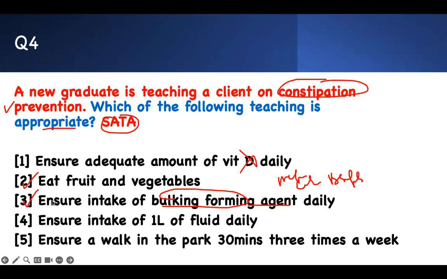Ensure intake of 1 liter of fluid. Yeah, you saw fluid, but you forgot that there's 1 liter in front. It's not enough. You need 2 to 3 liters. So this is wrong. Ensure a walk in the park, okay, 30 minutes, 3 times a week. 30 minutes, 3 times a week is considered moderate exercise.